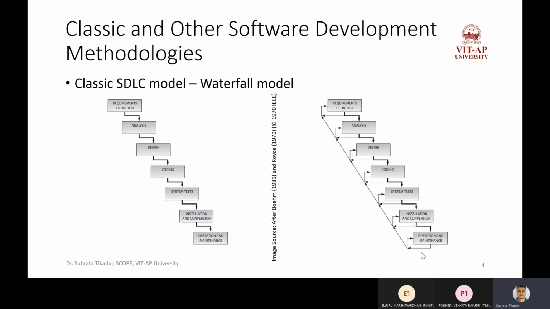Then those requirements are analyzed and specified, and based on those requirements, software design is prepared. Then according to the design, coding is done, and after completing the coding, testing is done, and then the software or the product is installed or deployed, and finally a maintenance team is there to maintain the software.